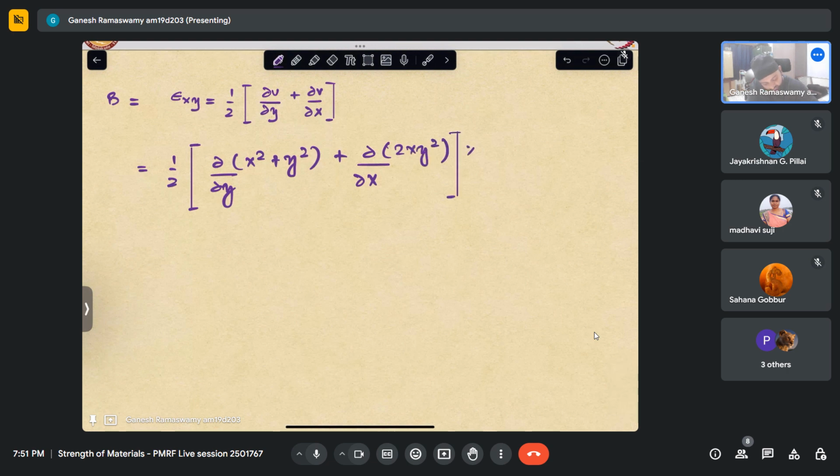Is there any difficulty for anyone in doing partial differentiation? If there is, please let me know. I will explain it. Naturally, I don't automatically assume that everyone is conversant in every aspect of mathematics. So if there is something not clear about the partial differentiation I'm doing, if there is some difficulty in this dou u by dou x, please prompt now and I will explain it in more detail.